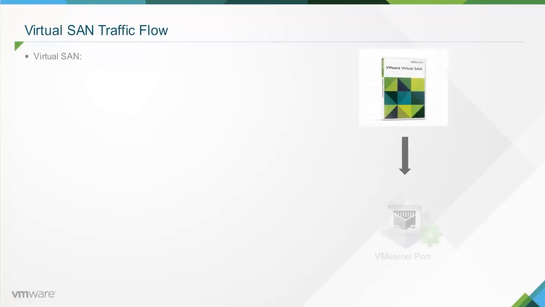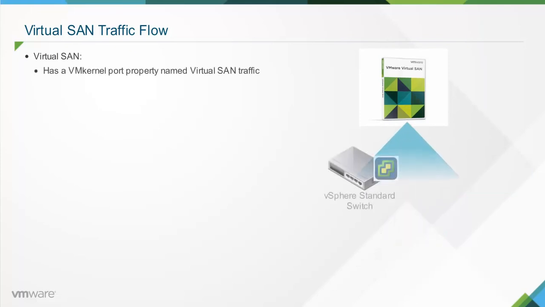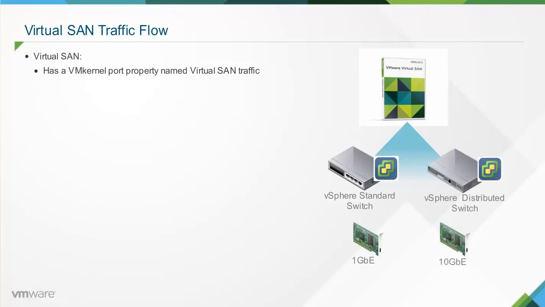Virtual SAN has a VMkernel port property named Virtual SAN Traffic. Virtual SAN supports both vSphere standard switches and VMware vSphere distributed switch, with either 1 or 10 gigabit Ethernet, or GbE, network uplinks.